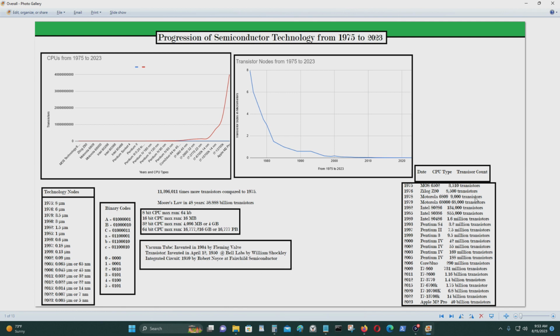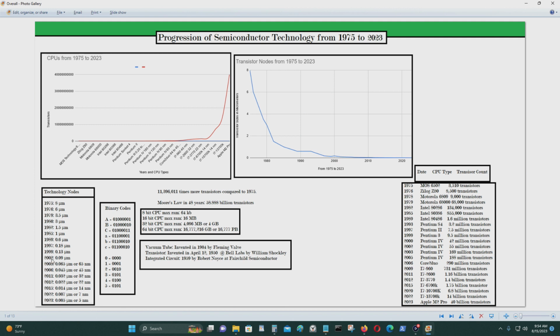And you also had the Zilog Z80, which was used in a lot of different computers and video game consoles and other electronics as well. And this had 8,500 transistors, and it was 6 micrometers, smaller than 8. And as you can see in this chart, it gets smaller and smaller.